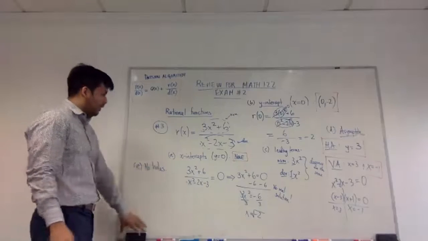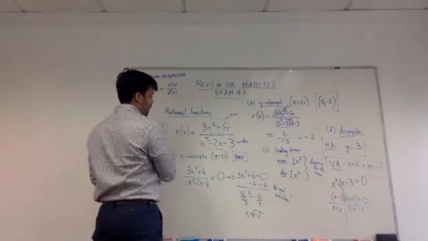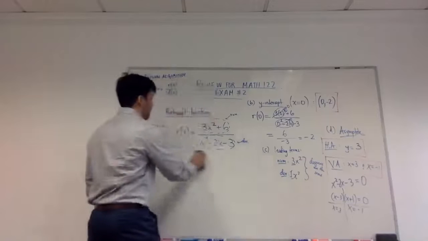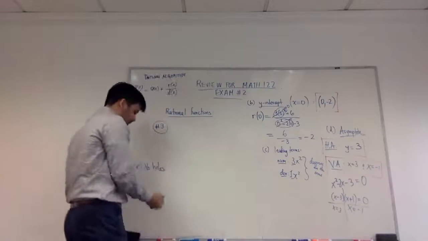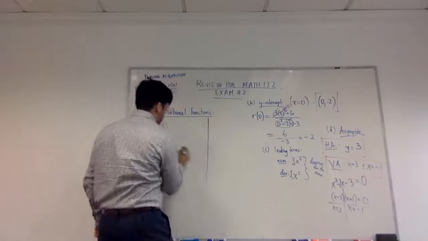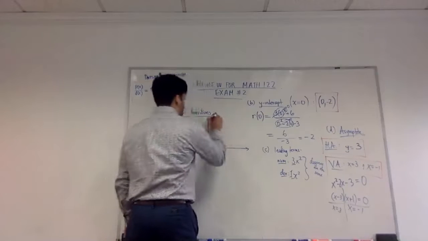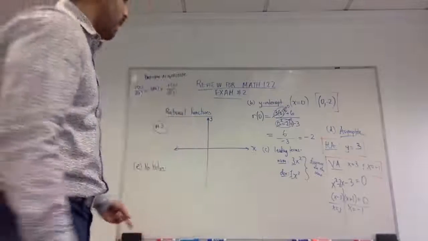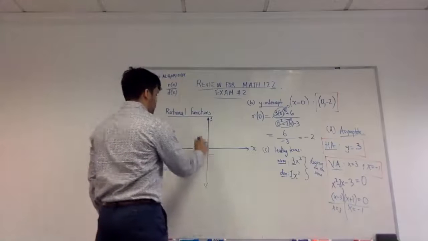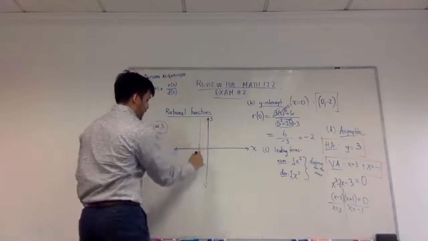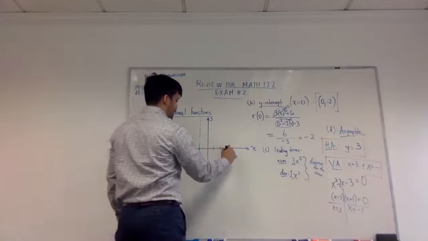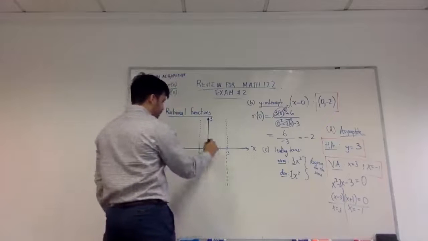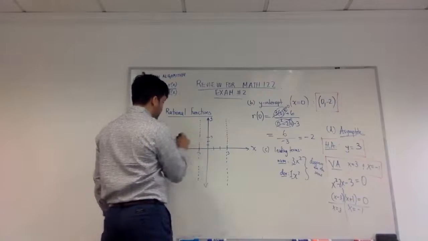Now that we have all of this, let's just graph it. Let me erase this part because we already have it. The first thing I want to draw are my asymptotes. So I have -1, I have 3, and I have 1, 2, 3, horizontal.